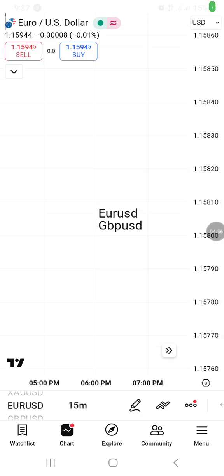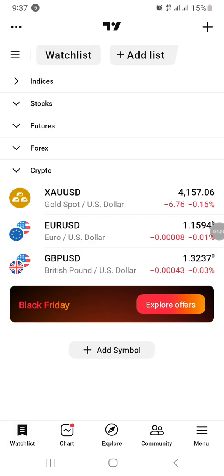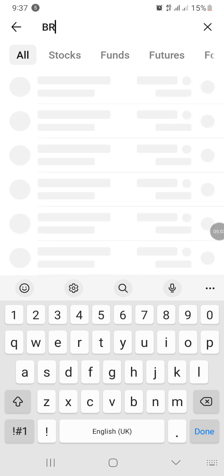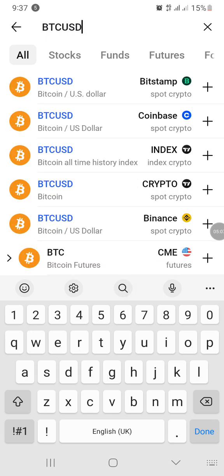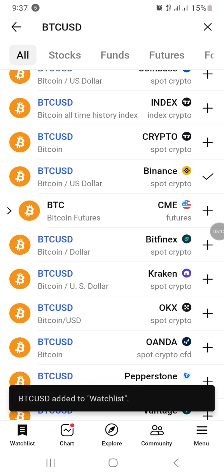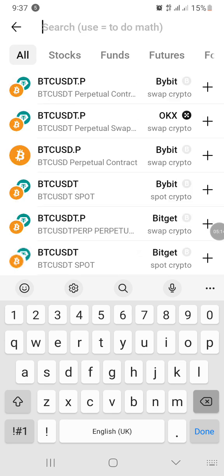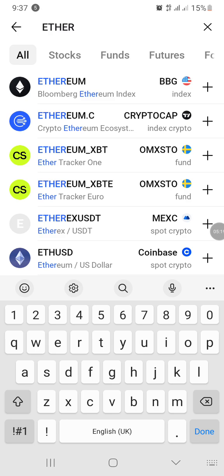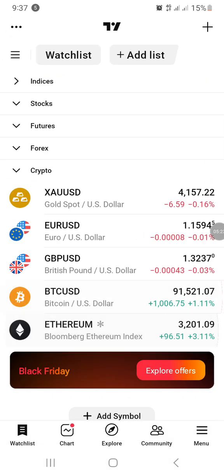So let me also try to add some BTC. I want to be realistic, I don't want to confuse you just like those other people who try to make things very, very difficult for you. I want to show something to you here. Let me see Ethereum. Where is Ethereum? Ethereum, it's here. So let me show you. So this is BTC.